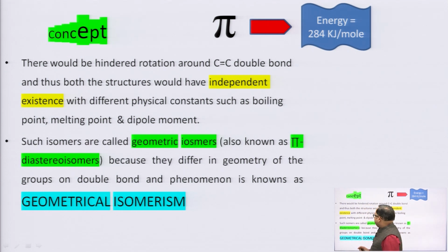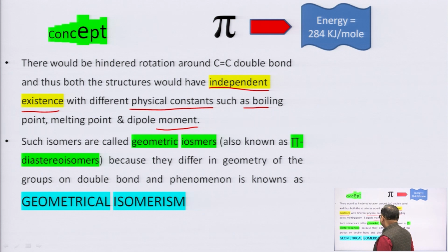So, my dear students, there would be hindered rotation around C double bond C, and thus both the structures should have independent existence. This is the reason that both the structures have independent existence. And how can we prove this independent existence? This can be proved with physical constants like boiling point, melting point, and dipole moment.